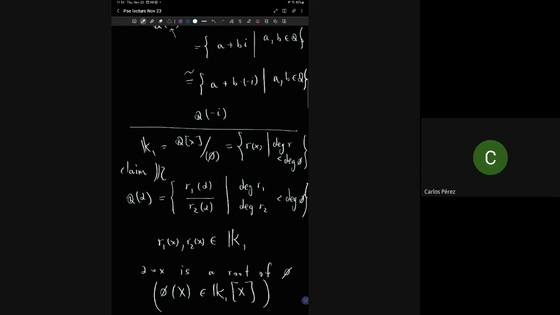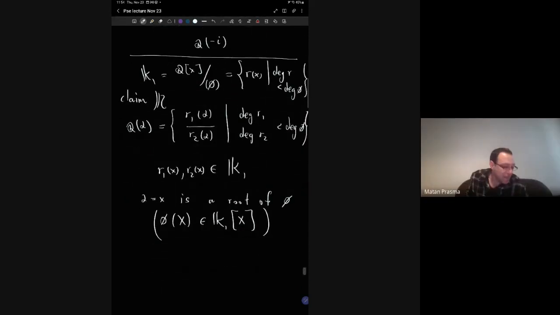Right? And indeed, it sat in K1, X satisfies phi of X, or maybe alpha.